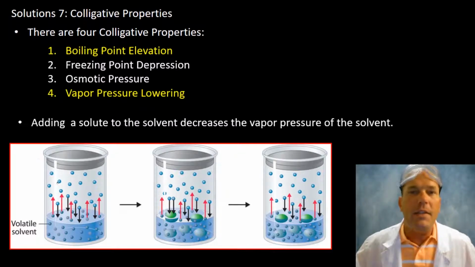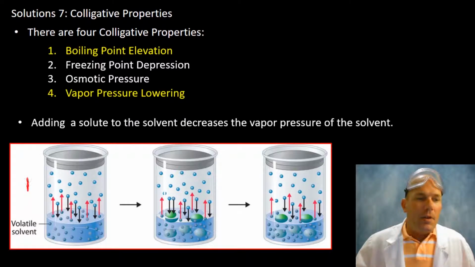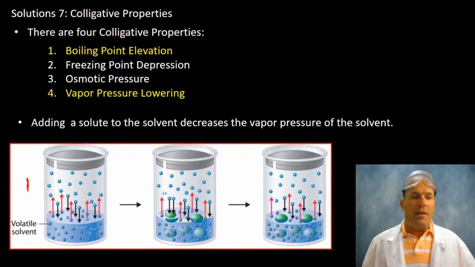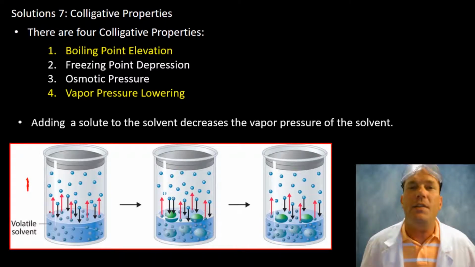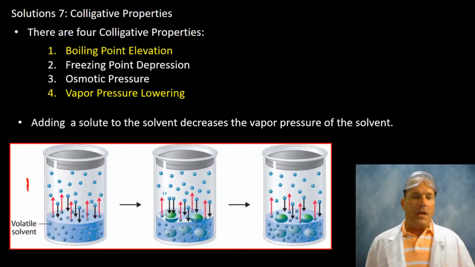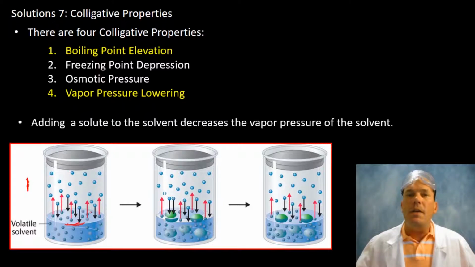So if you would look at this schematic here, on number 1, we have a volatile solvent. Don't worry about that. Let's say it's water, okay? And above this water, we have a phase change occurring from the liquid to the gaseous state.